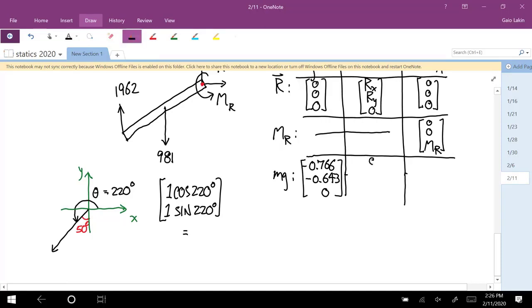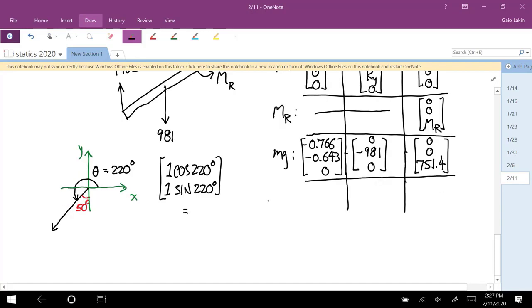The weight force is 0, negative 981, 0. And the cross product between those two is 0, 0, and then a Z component of 751.4. Let's see, and then we have the 1962.